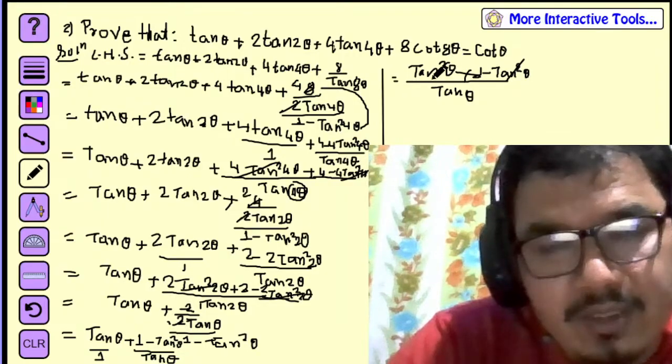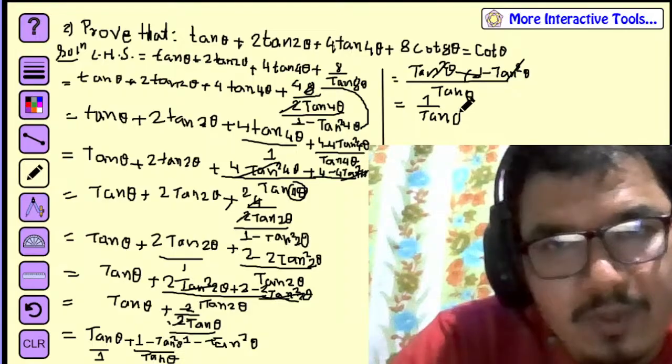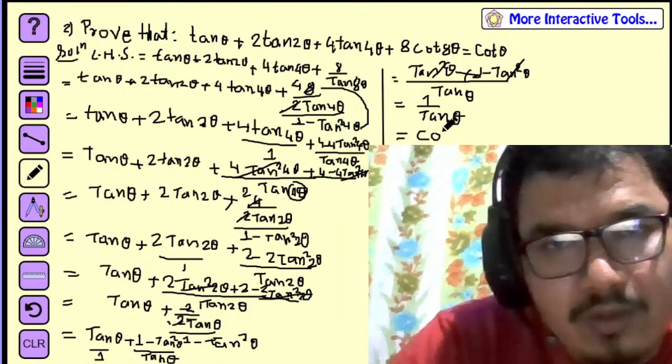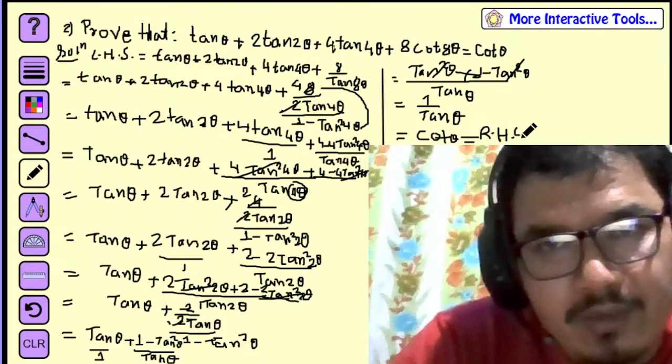This tan square theta and this tan square theta will cancel, and remaining is 1 by tan theta. We know this is the reciprocal relation, that's why its answer is cot theta, which is our right hand side to prove. Then it is proved here. Now write RHS, proved.